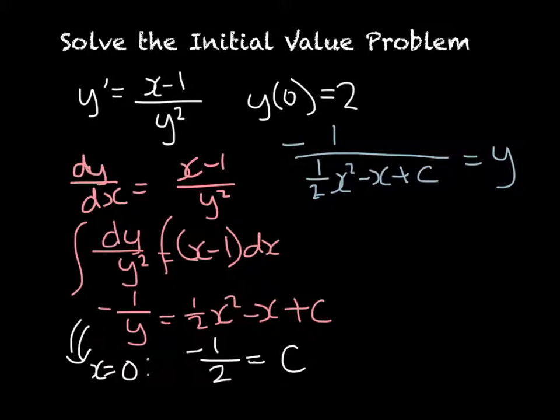And now I'm just going to multiply both the numerator and the denominator by 2 so we can get rid of the fractions in the denominator. And that gives us negative 2 over x squared minus x plus 2c. And since we know that c equals negative 1/2, 2c would just be negative 1. And so now we have an equation for y.